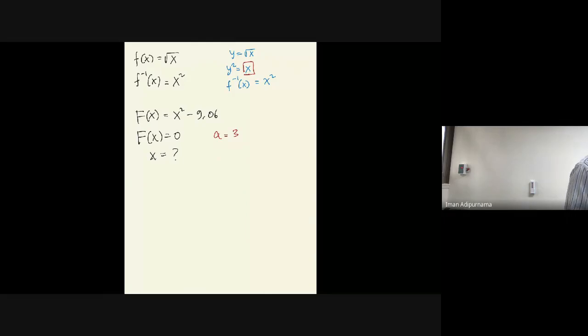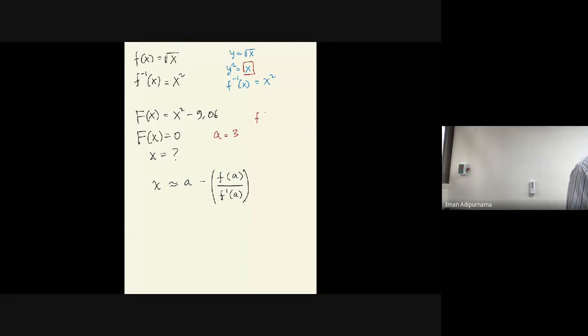Based on Newton's method, this x will be a minus f(a) over f prime(a).